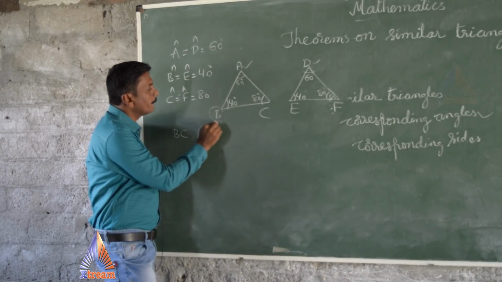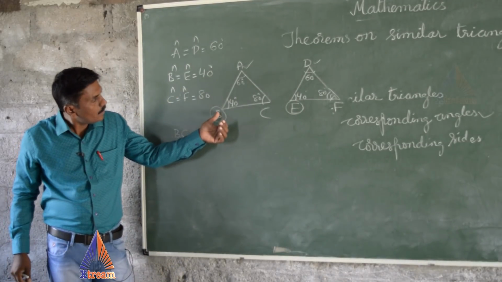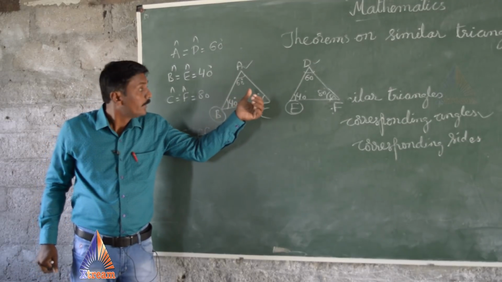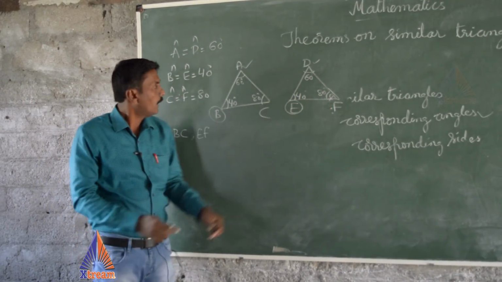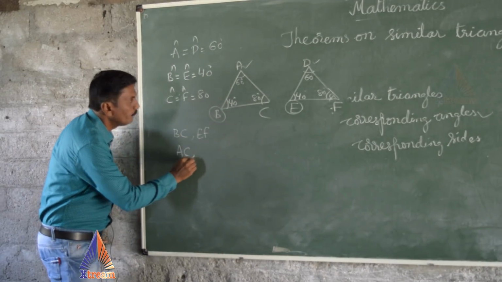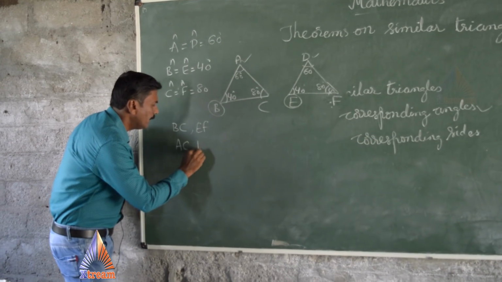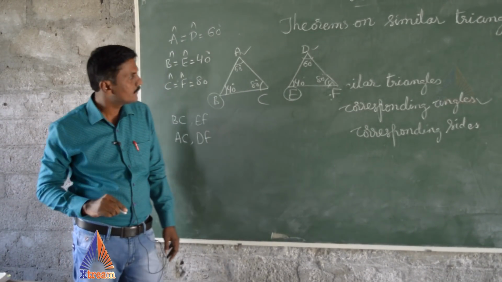If you consider B and E, the side opposite to B is AC and the side opposite to E is DF, another pair of corresponding sides.